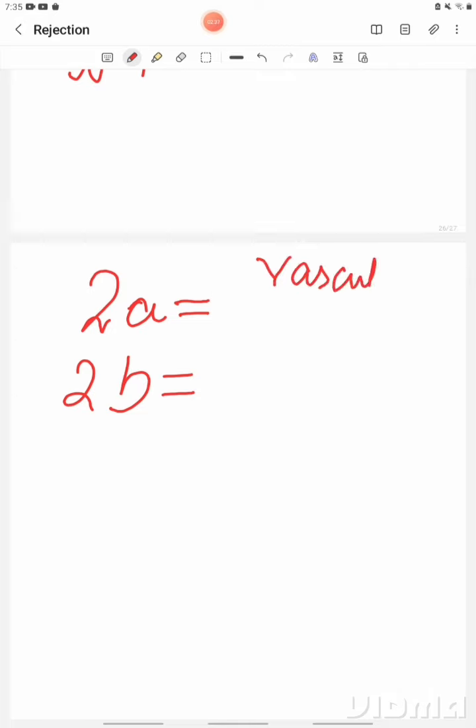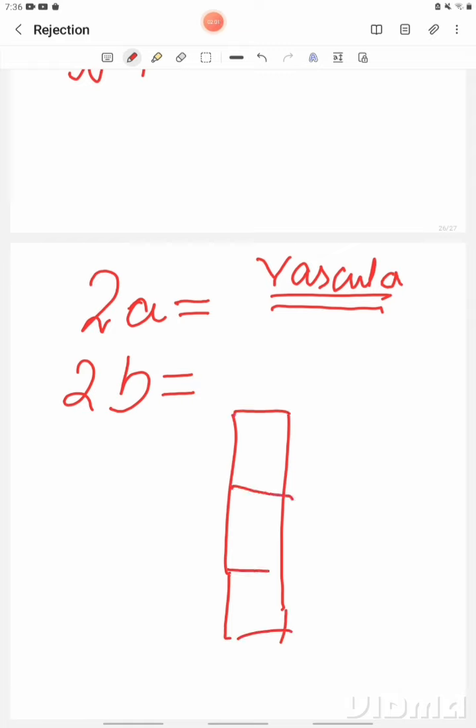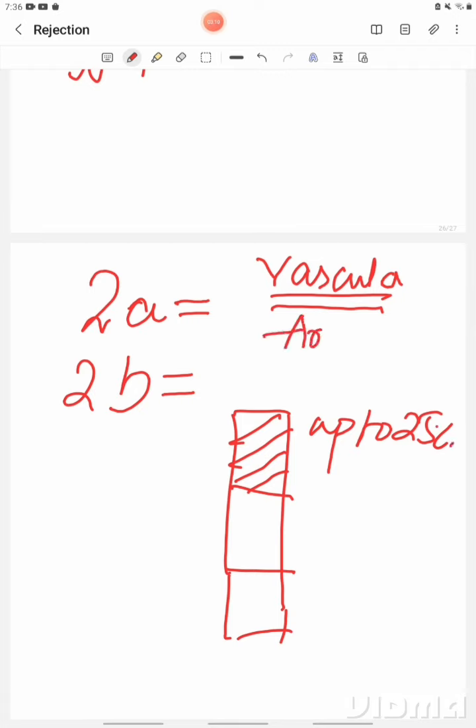Similarly, if we come to subclass 2, it is classified into 2A and 2B, and there is some degree of vascular injury, vasculitis. If this is the vessel and we divide it into three portions, if it is involving up to 25%, then we say it's 2A arteritis.